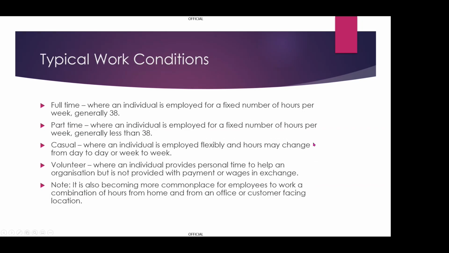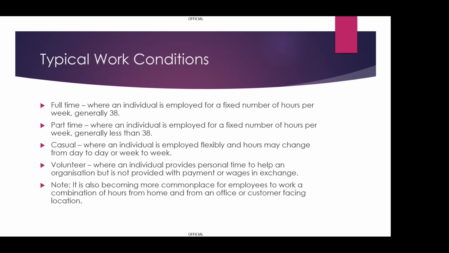When you're looking at jobs, if you don't know this information already, it's good to understand what the description means. So full-time is when you have a fixed number of hours per week. Generally, it's 38 hours. Part-time is somewhere between or less than 38 hours, so it can be any amount of hours less than 38. Casual means that you've been employed flexibly.